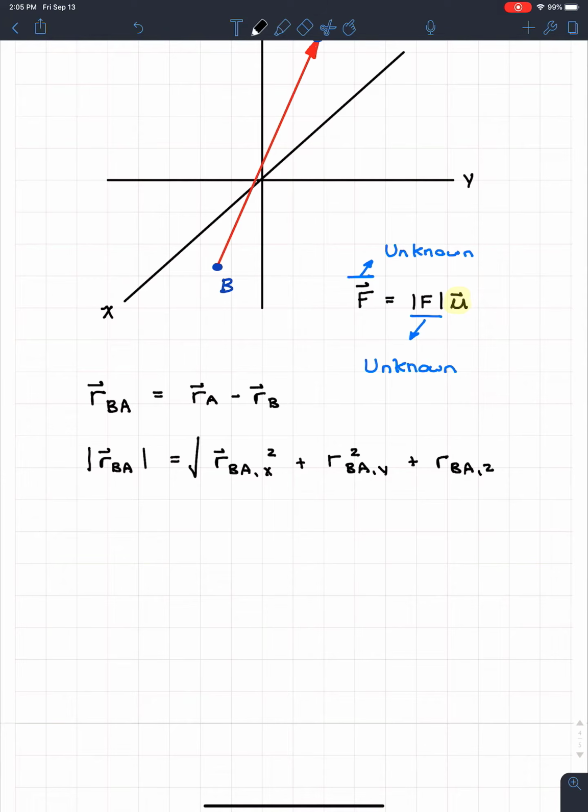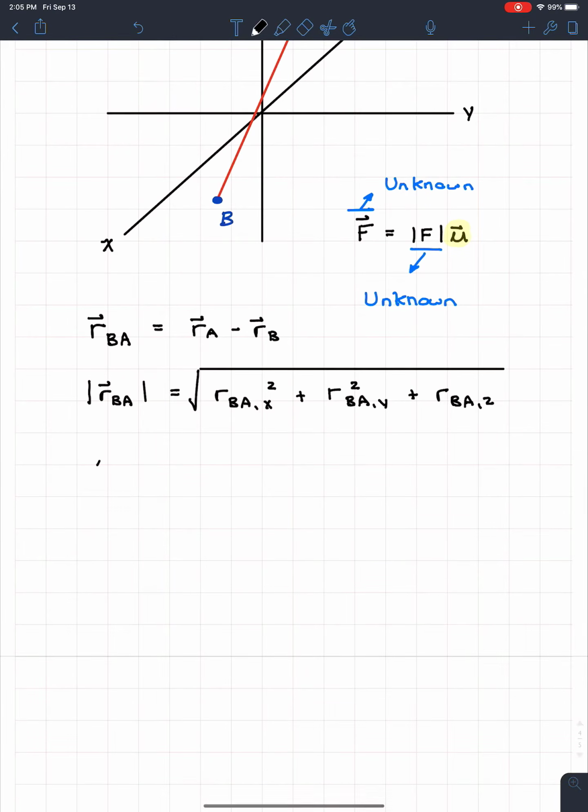So again, this is the exact same as a force vector. The formula for finding the magnitude does not really change. Perfect. So now that you know these two values, you can easily find the unit vector u is equal to the position vector, so RBA, divided by the magnitude of RBA.